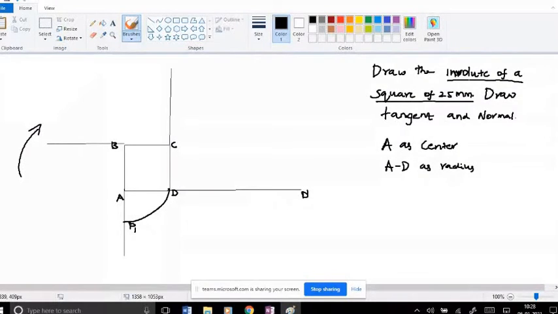The next step, what you need to do is, you need to take B as center and B to P1 as radius. So can someone see what will be the distance between B to P1?